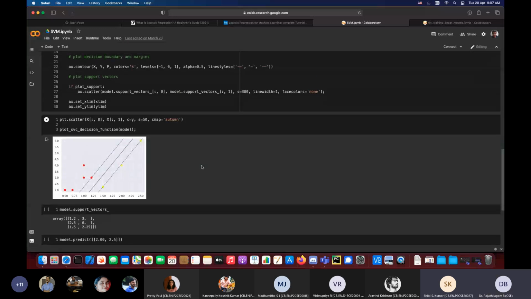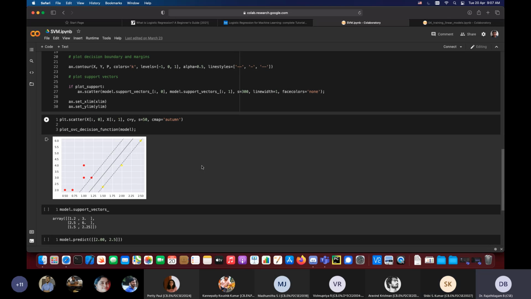Okay, so we have done the linear model. If I have to quickly summarize, classification is the aim of SVM, and then the two groups of data points, in order to separate them, we are drawing two margins first before we draw the central hyperplane that separates the two groups.